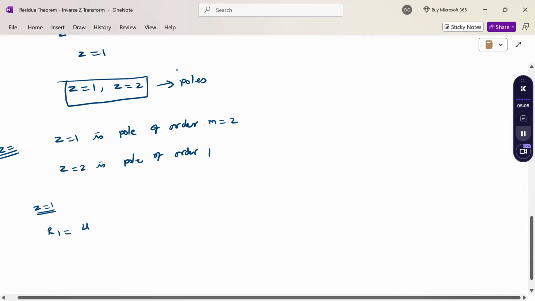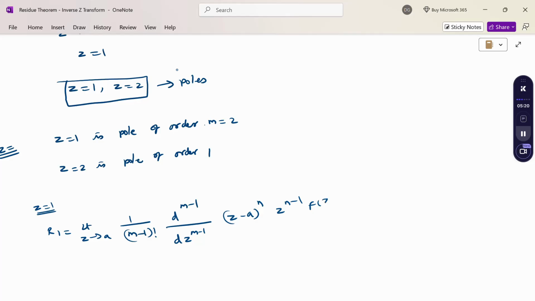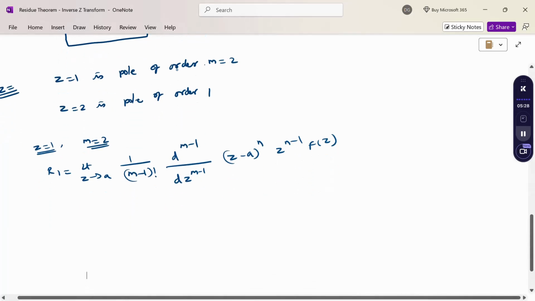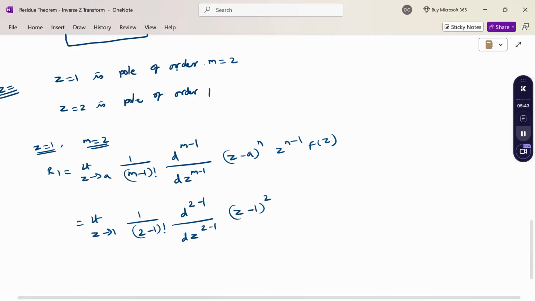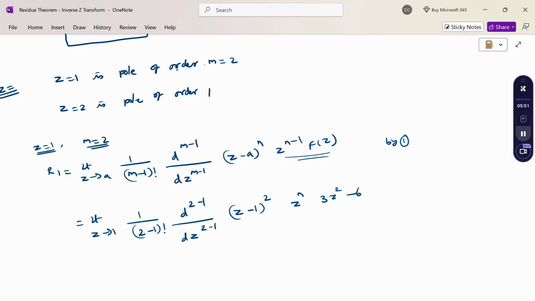The formula is the limit as z tends to a of 1/(m−1)! d^(m−1)/dz^(m−1) of (z − a)^m z^(n−1) f(z). In this case m equals 2. Substituting, the limit as z tends to 1 of 1/(2−1)! d^(2−1)/dz^(2−1) of (z − 1)² times equation 1, so z^n (3z² − 6z + 4) divided by (z − 1)²(z − 2).